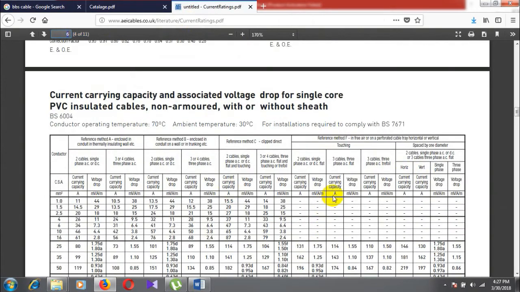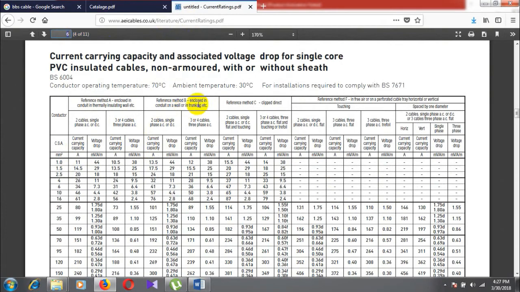Here is so much data, but we use this column, enclosed in conduit on a wall or trunking etc., because normally we do wiring in PVC conduit. That's why we follow this column.